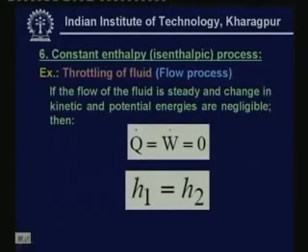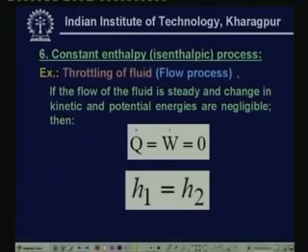For a typical throttling process, let us say that we are assuming the process to be steady flow, and we are also assuming that the kinetic and potential energy changes are negligible during this process.